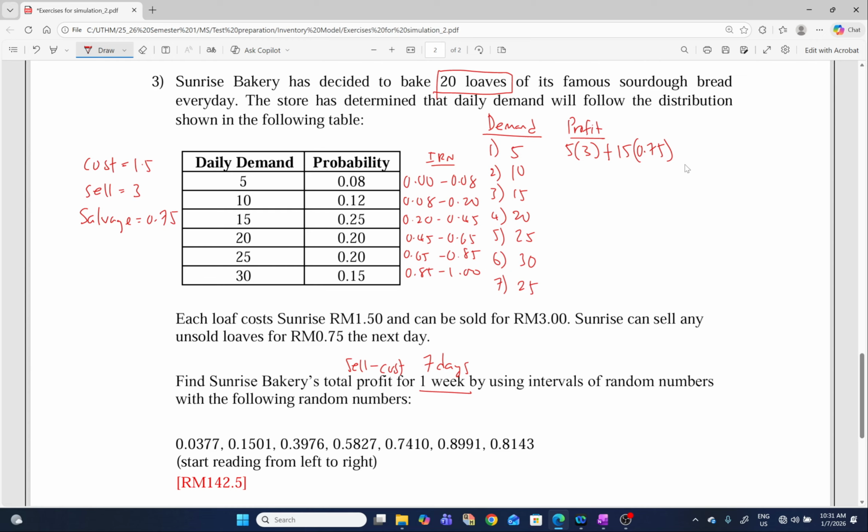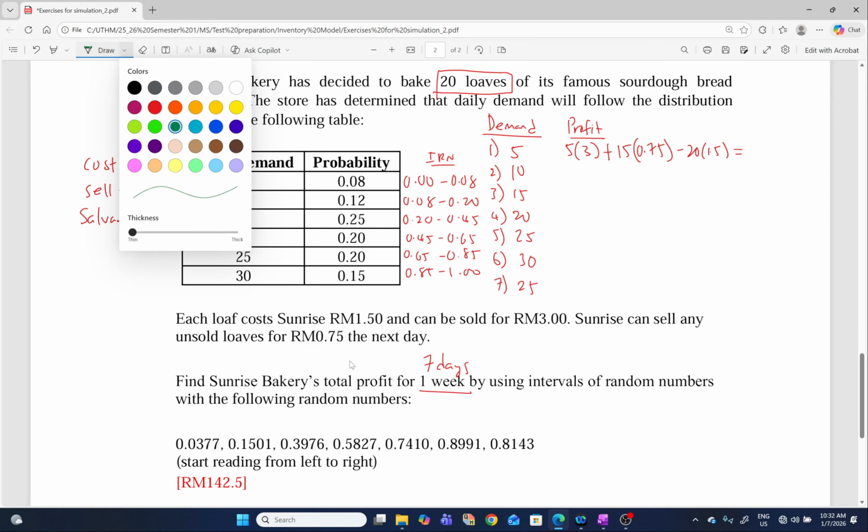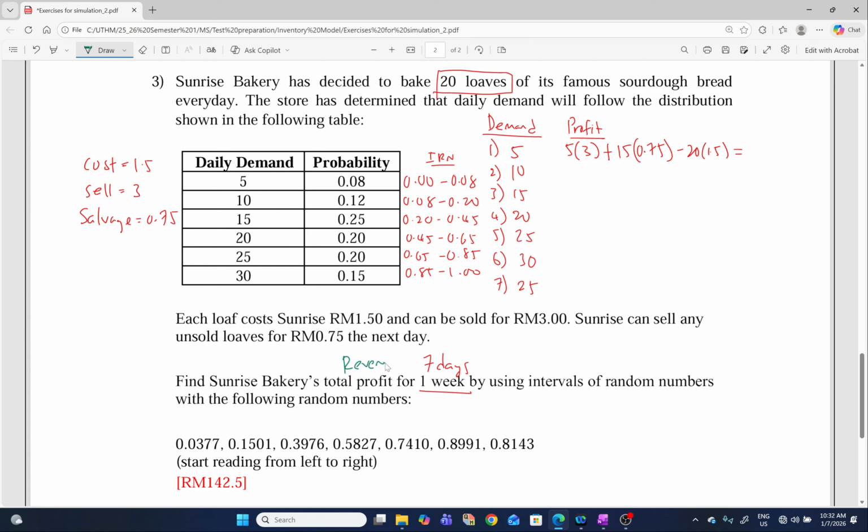Okay. Tapi you kena tolak dengan cost. Cost dia adalah you buat 20 roti. Cost dia berapa? 1 point. Kalau you kira ni, you akan dapat daripada selling price ni. Saya nak tukar sekarang dekat sini saya baik tulis revenue. Revenue minus cost, that is profit. Saya tak nak selling price.